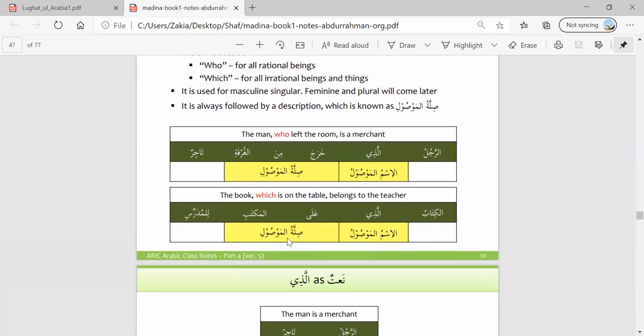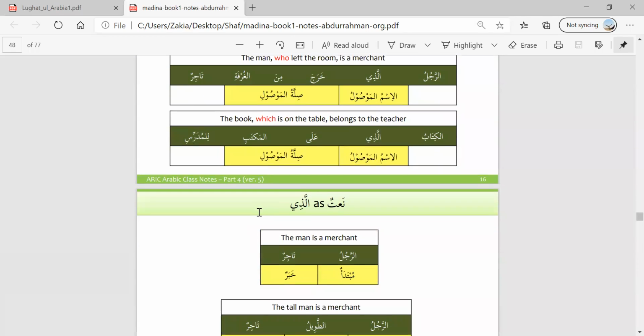The man who left the room is a merchant. الرجل الذي خرج من الغرفة تاجر. So here we have الاسم الموصول, which is الذي. Okay, silatul mawsul is this whole box here, خرج من الغرفة.